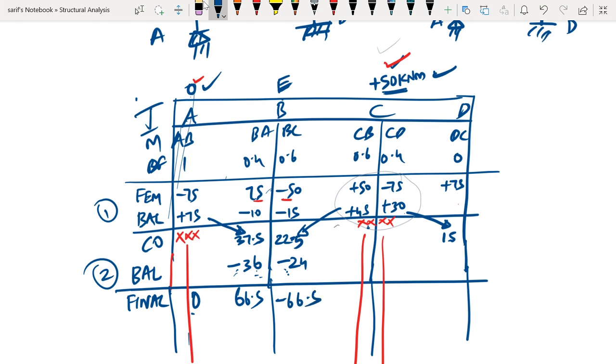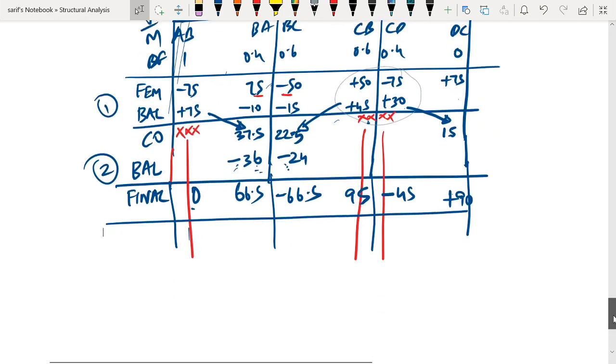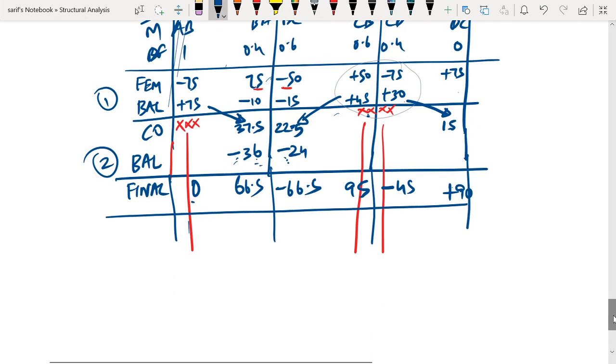The moment here is plus 95 and the moment here is minus 45 and the moment here is plus 90. Okay, so these are the final moments. Now if we look here, usually we are having a continuity of the moments.